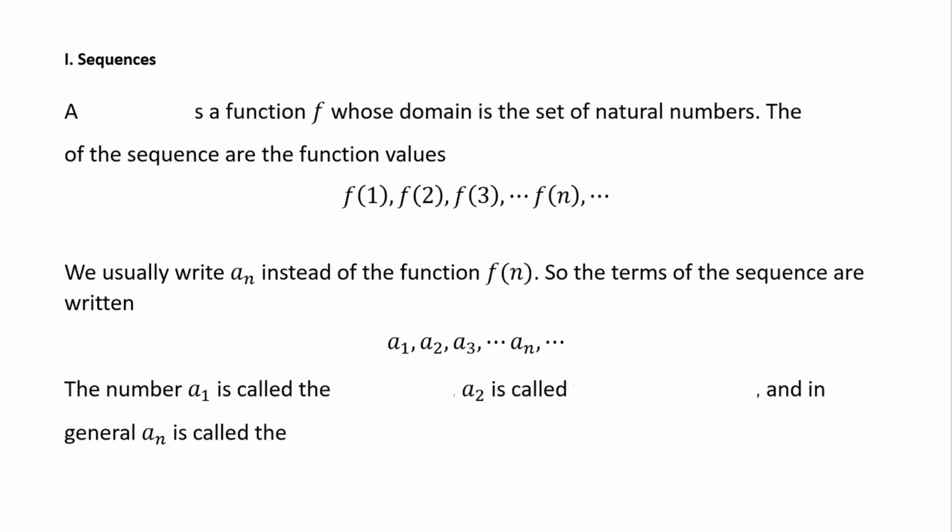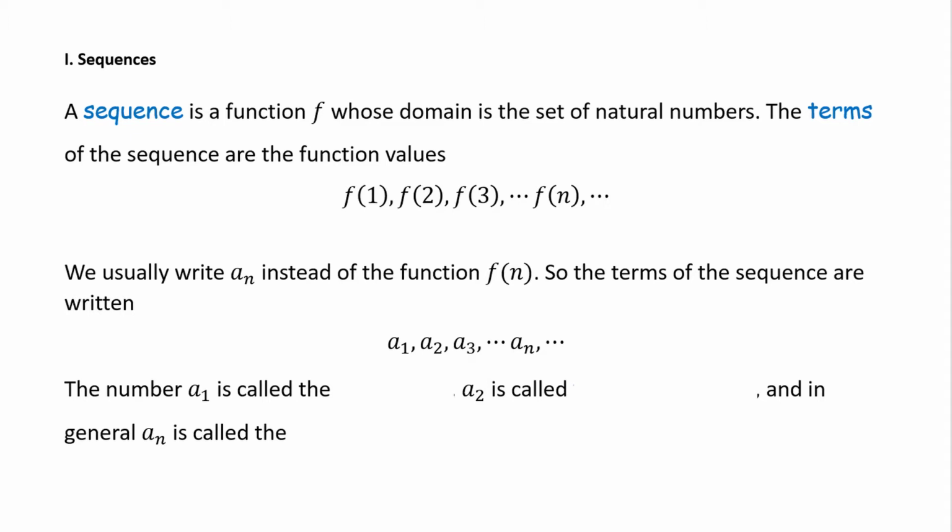Roman numeral 1. Sequences. A sequence is a function f whose domain is the set of natural numbers. The terms of the sequence are the function values f of 1, f of 2, f of 3, f of n, and so on.